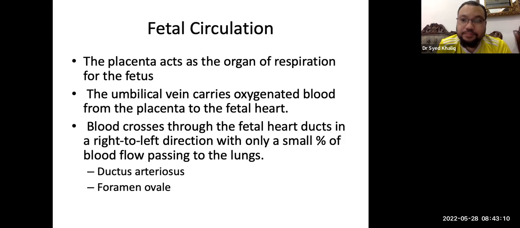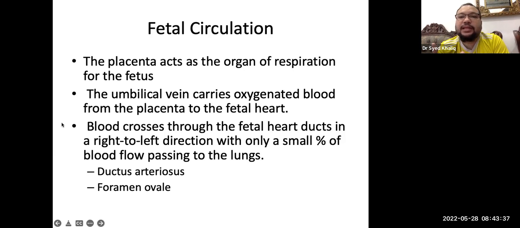So they do breathe, but the baby only breathes fluid, amniotic fluid, into the lungs. So the fetus does breathe in utero, but there's no gaseous exchange. There's only more fluid that goes in.